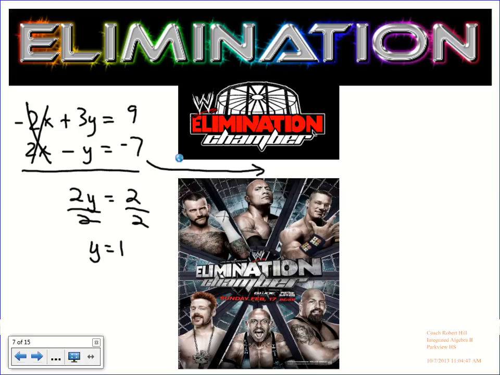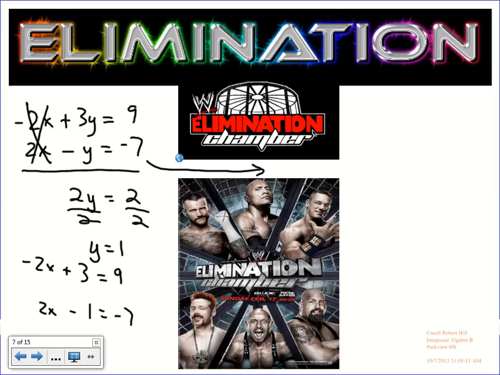Both of them. So if I take y equals 1 and plug it into the first equation, that gives me 3. Or if I plug y equals 1 into the bottom equation, that would be minus 1 equals negative 7.